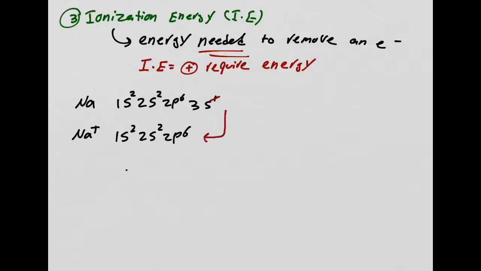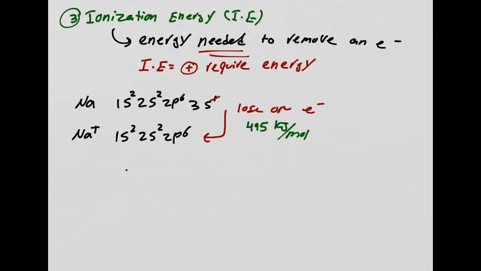Now, even though you look nicer and you look like a noble gas, when you lose one electron, you still need energy. It's 495 kilojoules per mole. I just looked this number up. So even though you look like a noble gas now, and this is hugely favored, I still need energy to make this happen.